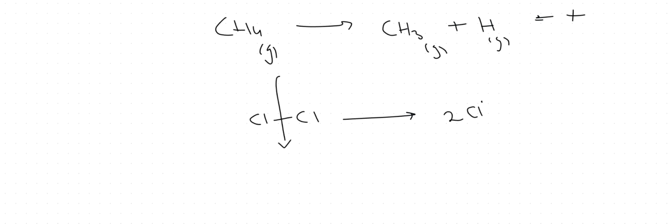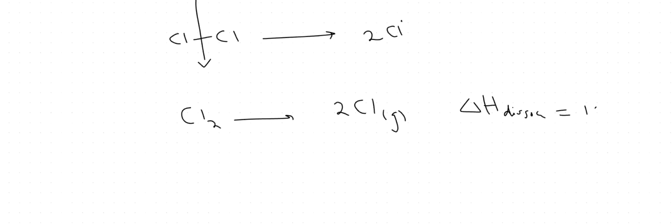Okay. Clear? Yep. There's one more thing. Now if we write down Cl2 converts into 2 chlorine gaseous atoms, this is our enthalpy of dissociation. Let's say that this is 100, when we are creating 2 atoms of chlorine.